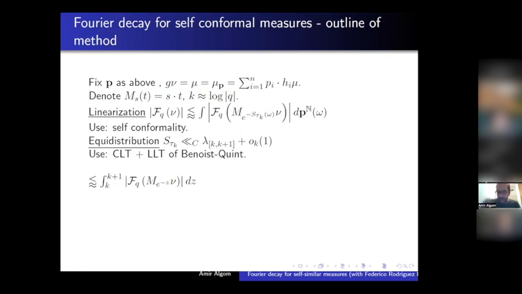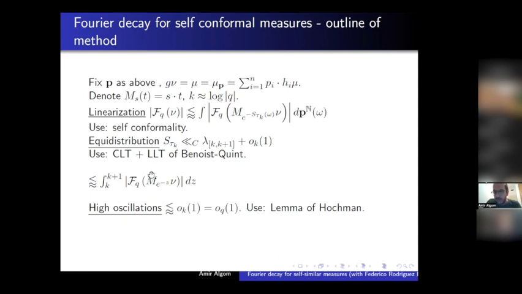Okay, and the final step is using high oscillations. You can show that this thing is actually small in K, but small in K is also small in Q. The method that we use to bound this thing is from a recent paper of Mike about Hooft's theorem. Actually, this whole method is inspired by this paper of Kaufman on a new proof of Hooft's equidistribution theorem.